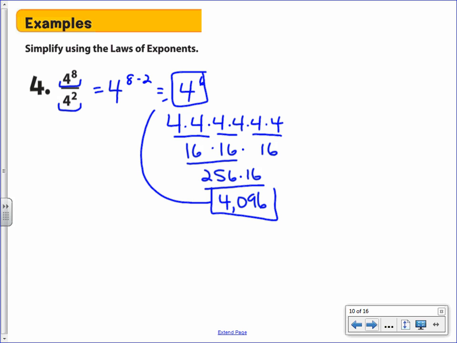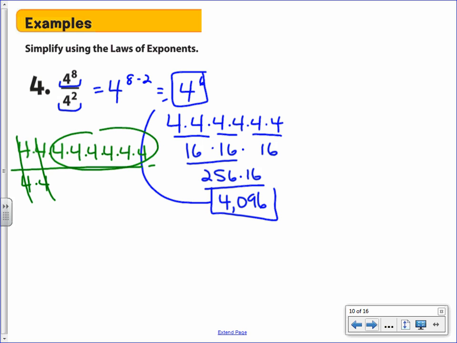If you forget your rules, I have 8 4s in the top. 1, 2, 3, 4, 5, 6, 7, 8. Notice I'm checking. I have 2 4s in the bottom. That leaves me with 6, so I am subtracting.